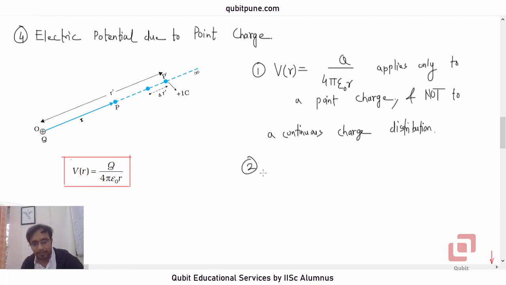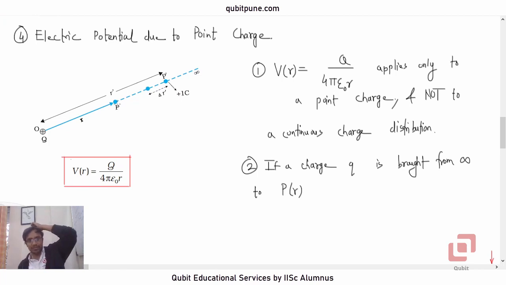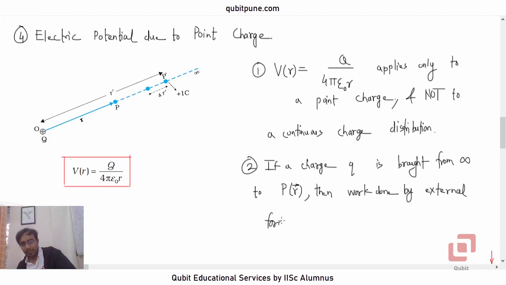Point number 2. If a charge small q is brought from infinity to P, whose position vector is r bar, where our capital Q is at origin, then the work done by external force will be the potential energy acquired.